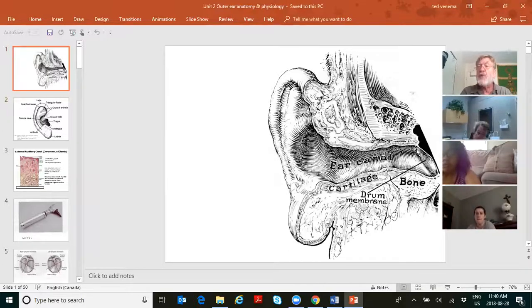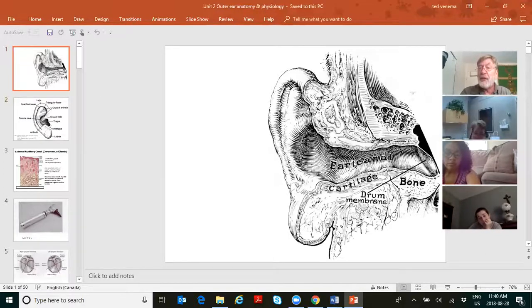Earwax does not originate from the bony portion of your ear canal. When you use Q-tips, you are actually pushing the wax further in toward the eardrum, because earwax doesn't normally sit here. Earwax grows here. And earwax in the ear canal is like mucus in the nose. It's good for you, okay?